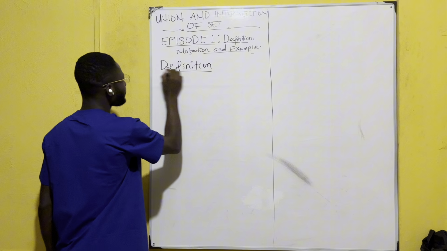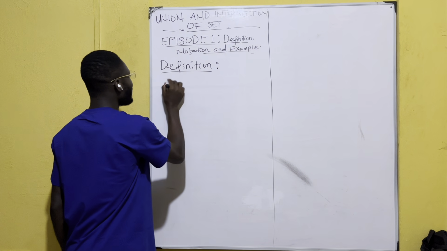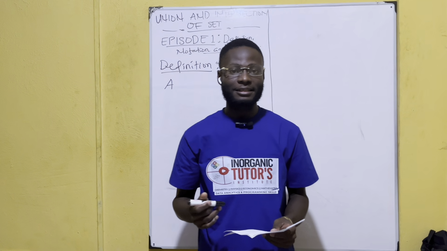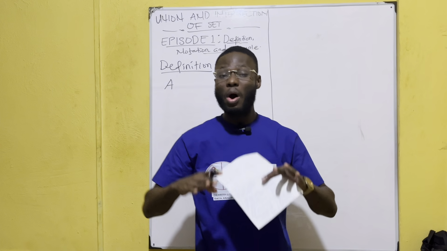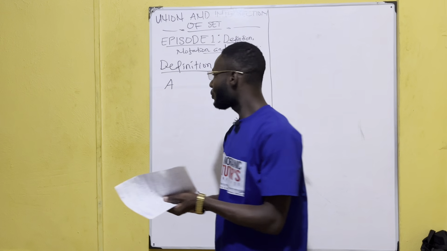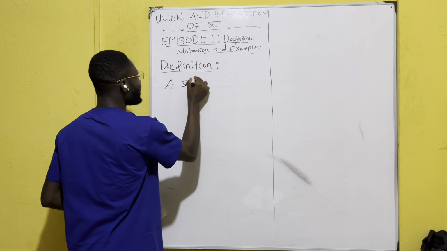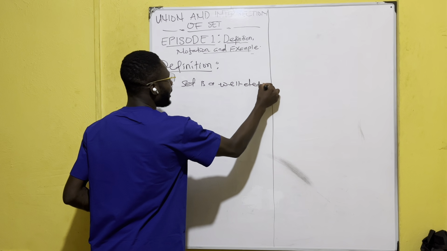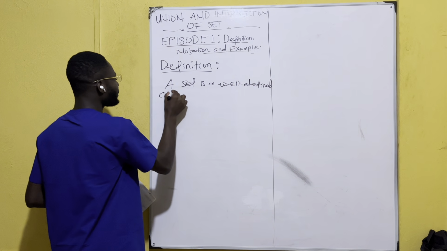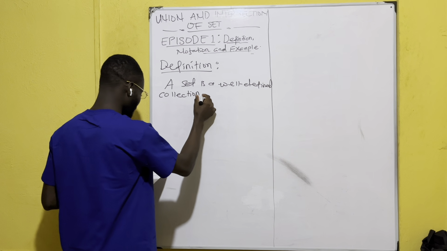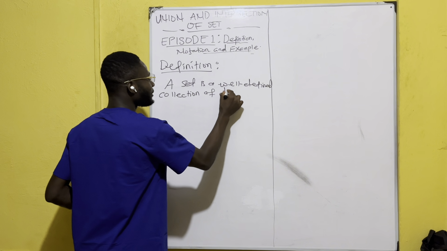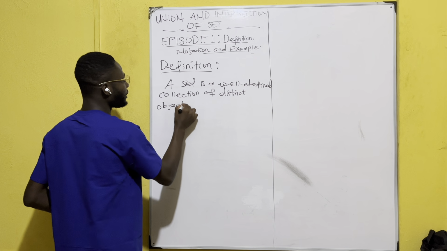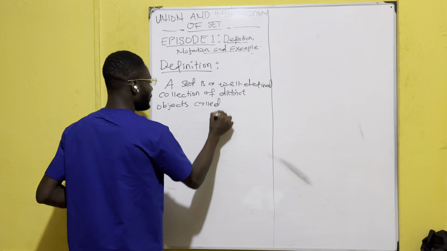Definition of a set. How do you understand a set? How do you define a set? Basically, a set is a well-defined collection of distinct objects called elements.